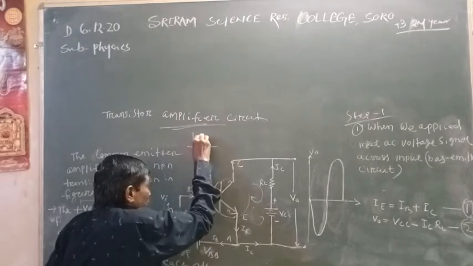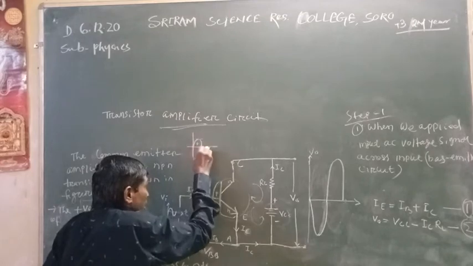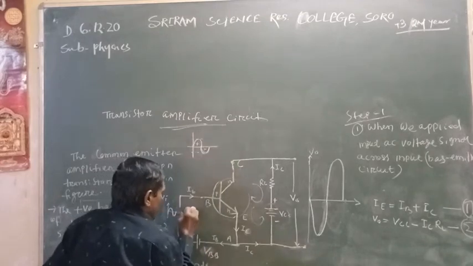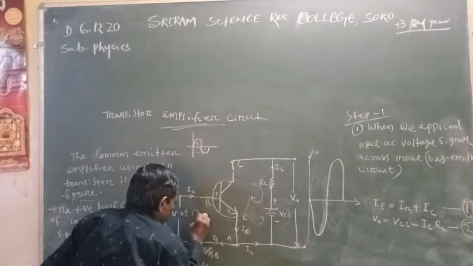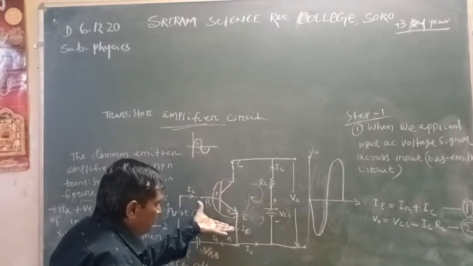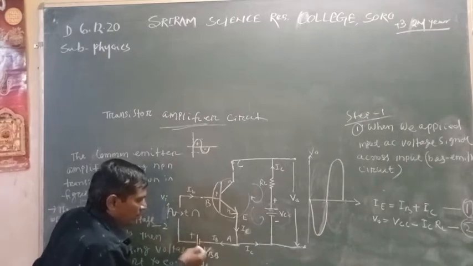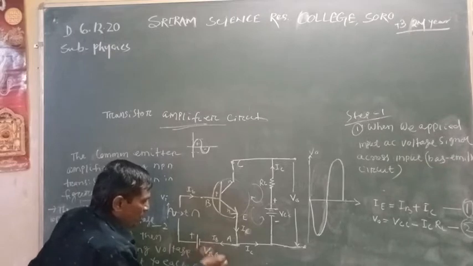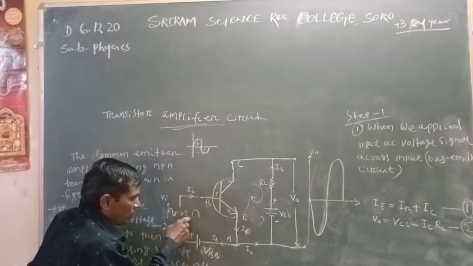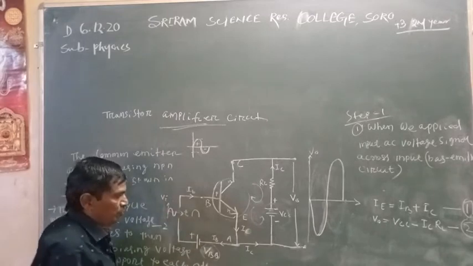When this positive signal, this positive voltage, comes to the base emitter junction, the biasing voltage means the positive terminal of the battery voltage is supported by the positive half cycle of the input supply.